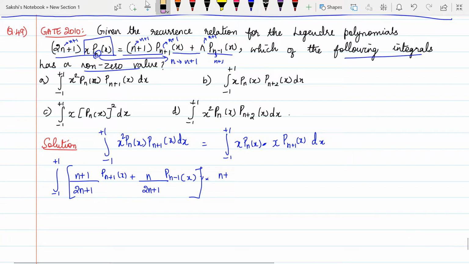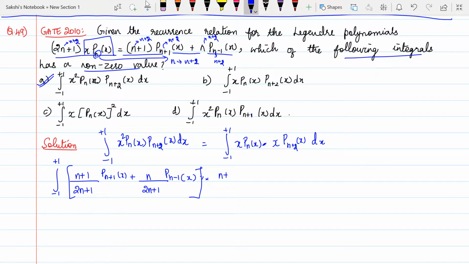This will be n plus 2, this will be n plus 1. So I'm going to choose my option A as the correct answer. So therefore this will be n plus 2, this will be n plus 2. The process is the same. I'm just replacing my n plus 1 by n plus 2 because now my option is changed, so I'll be having n plus 2 over here.